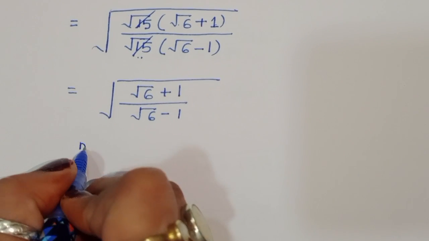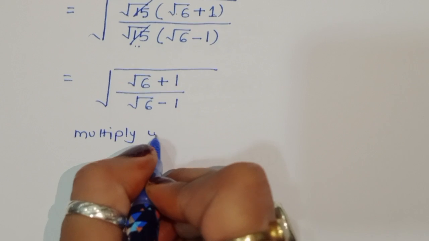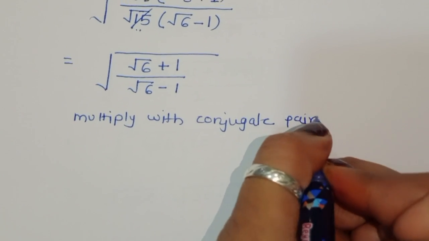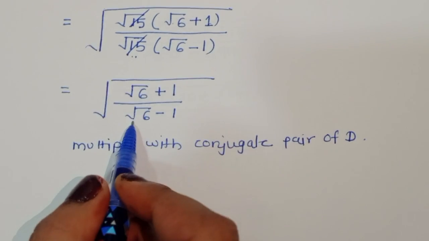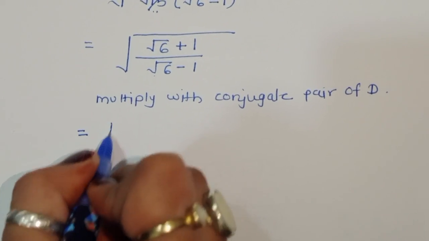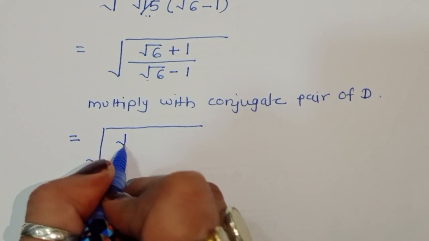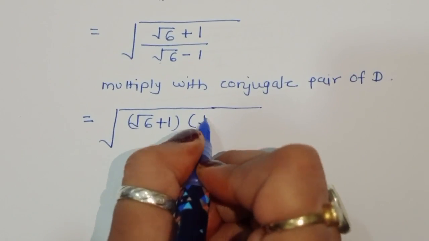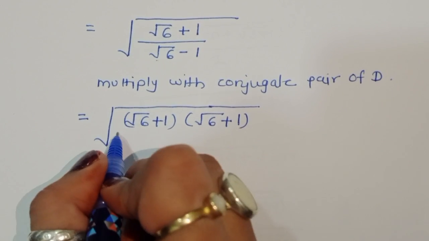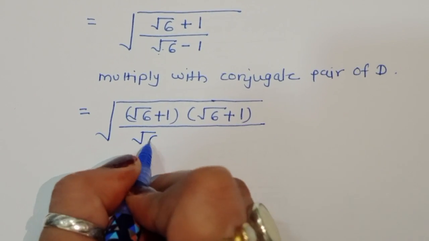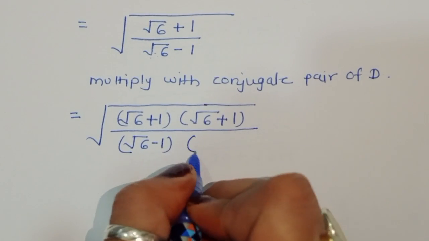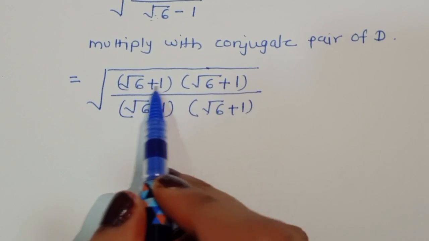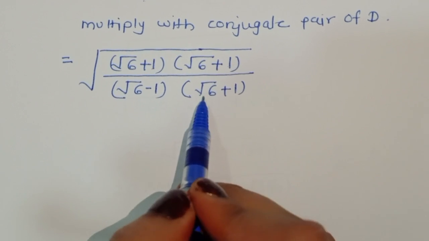So we multiply the numerator, square root of 6 plus 1, and the denominator, square root of 6 minus 1, by square root of 6 plus 1.